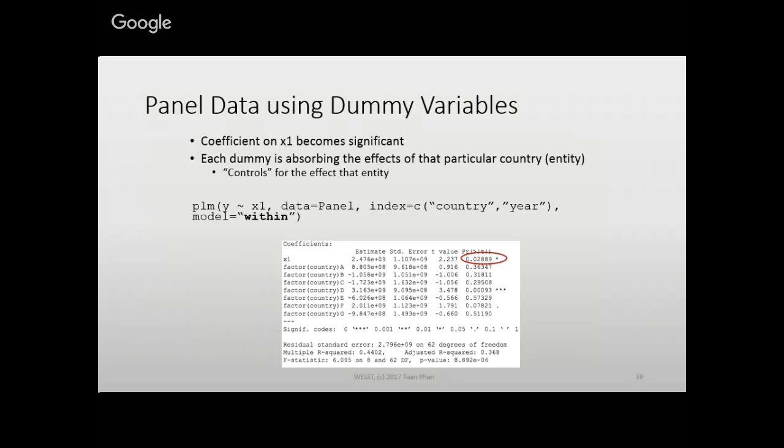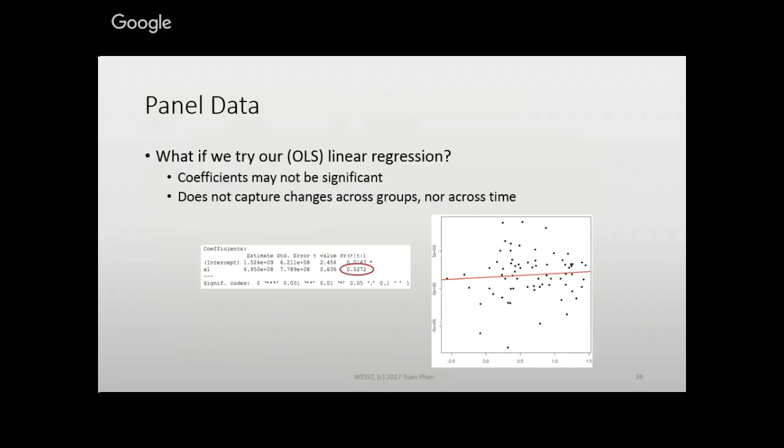We don't know. But if we run it as a dummy variable here, what we see is, if we focus on this x1, suddenly our coefficient becomes quite significant. If we go back a couple of slides, you see we try to estimate the same thing without the dummy variables, and we get an insignificant and pretty bad estimate.